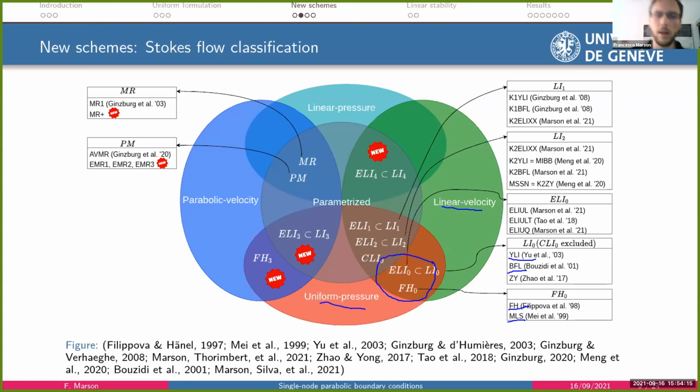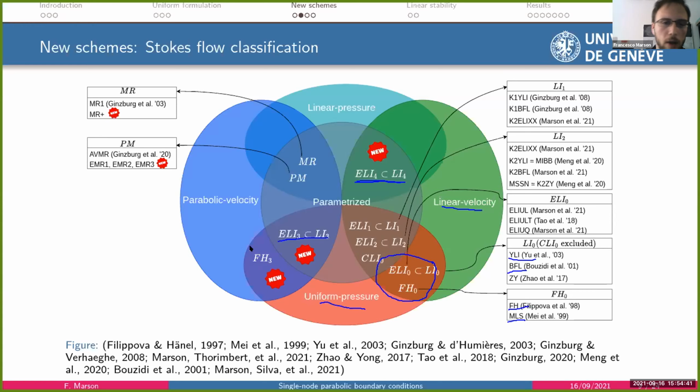Here we have the ELI schemes that are somehow a subfamily of the general LI scheme. But now with the new correction, we have new boundary conditions: the new AELI and LI schemes that are able to give correct linear pressure profiles, and the ELI and LI free that are able to give parabolic velocity profiles in an exact way.